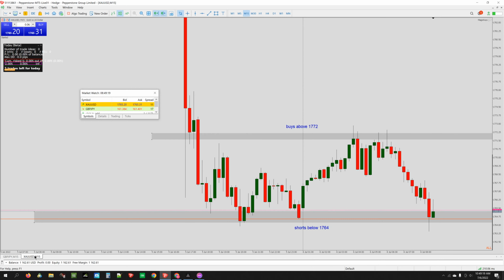We need to wait for 11 more minutes before candle closing, and then we will redo our things.